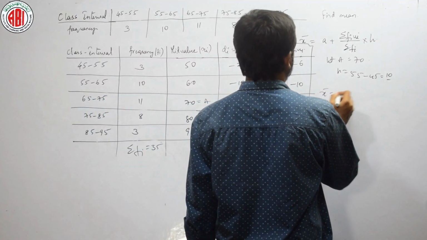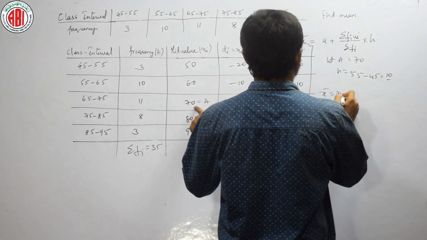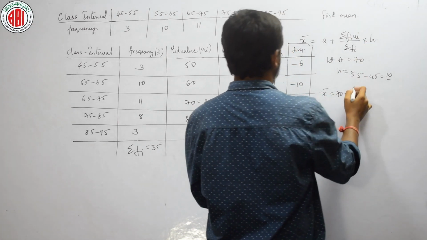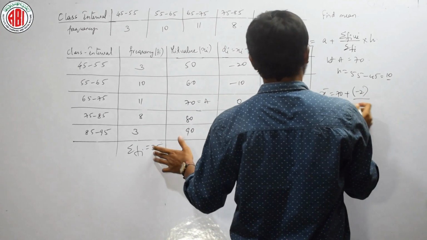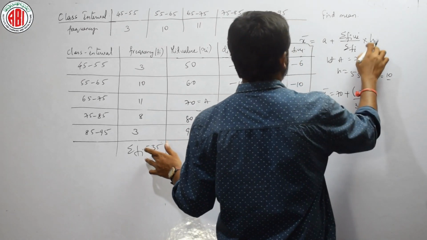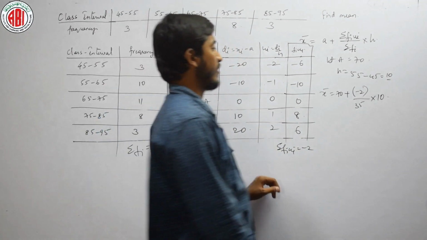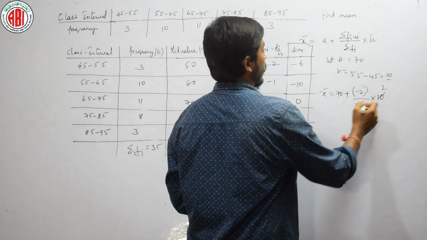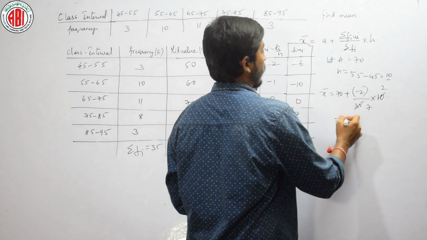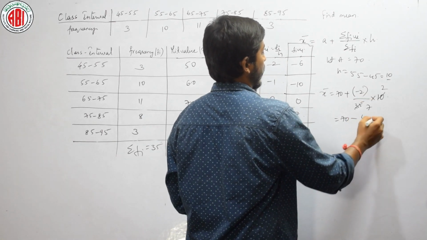What is x bar here? A plus summation fi ui, which is minus 2, by summation fi, which is 35, into h, which is 10, right. Now let us divide it. 5 2s are 10, 7s are 70, therefore 70 minus 2 2s are 4 by 7.